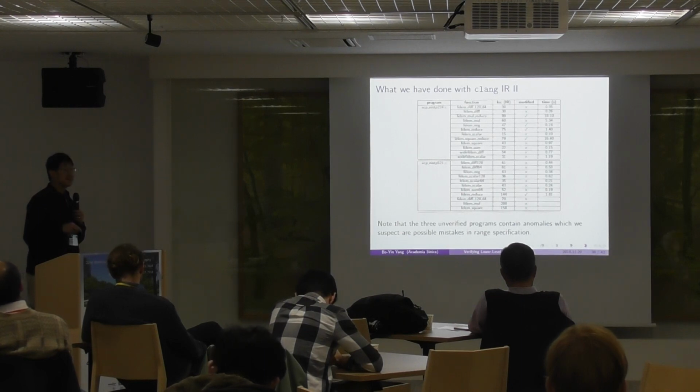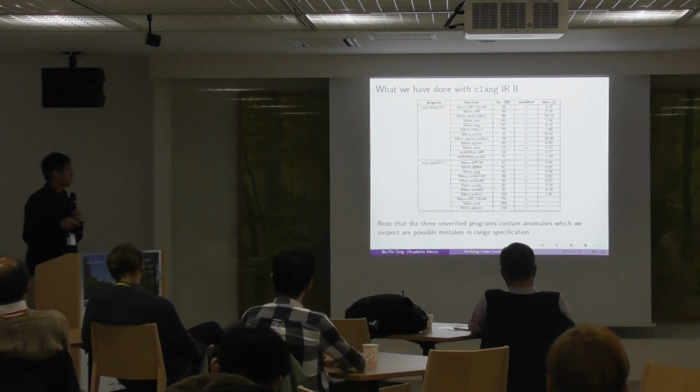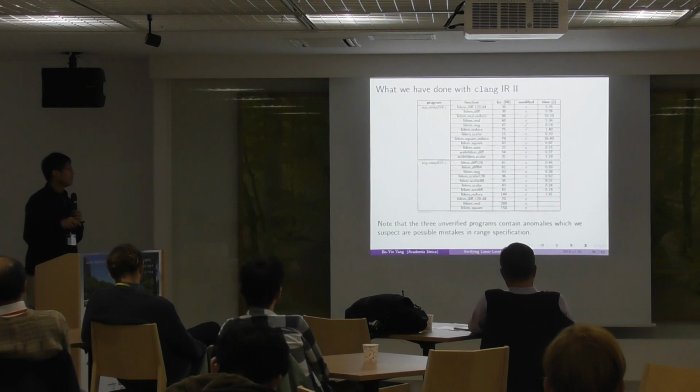Those check signs mean that we have modified the program by hand, and this one means that we didn't modify it by hand. So all these programs, which are taken from this C program, all these functions, most of them are verified without having to modify them.